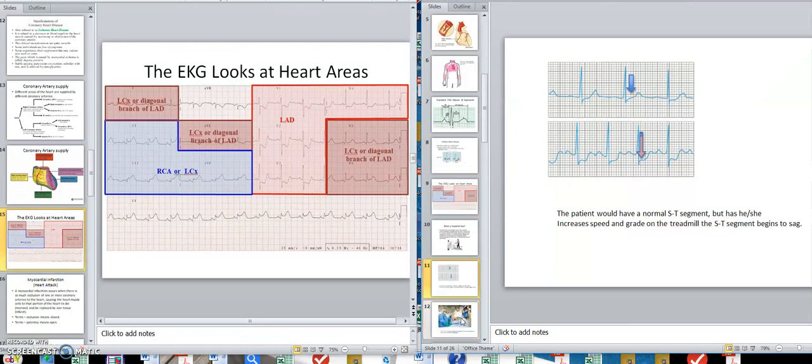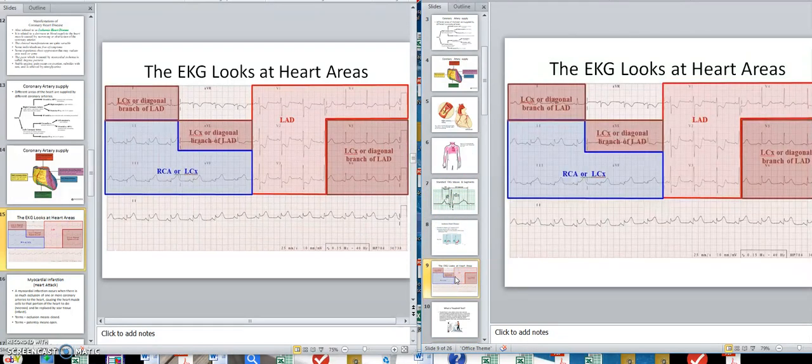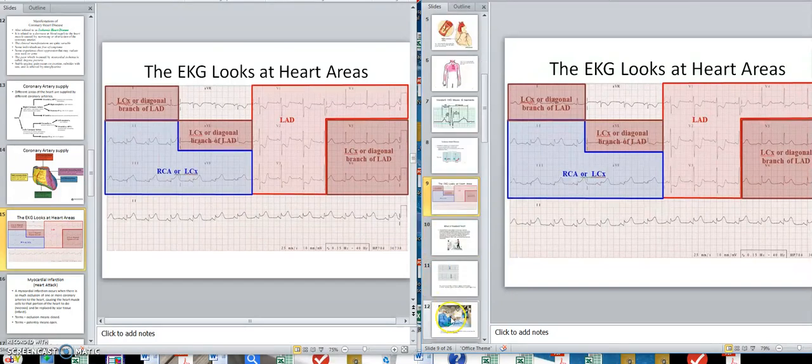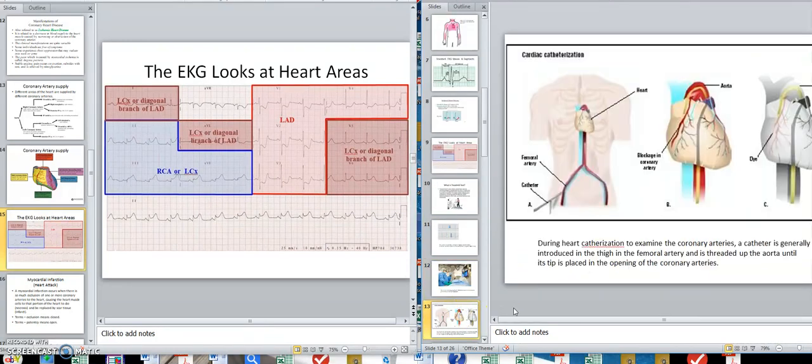Okay, let's go further. Now, all that did was to say that some blood vessel is involved. It doesn't really locate it with pinpoint accuracy if you want to do something. So then we do what we call a heart catheterization. That's where you feed a catheter up and inject dye into the coronary arteries.